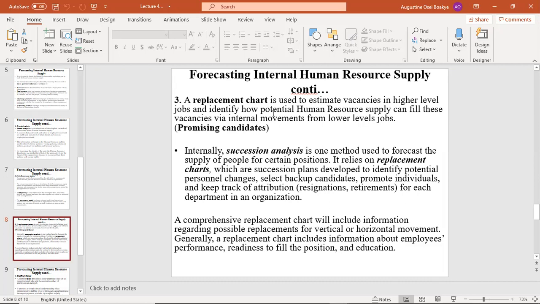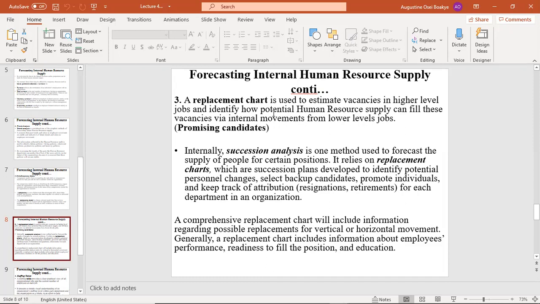So when we talk about horizontal movement, as far as succession planning is concerned, we are talking about the extent to which people who occupy the same status, perhaps in the same department, should be able to fit into each other's shoes. So if today I am not there, a colleague who also has a background in HRM should be able to take care of my class activities, and that will be horizontal movement.